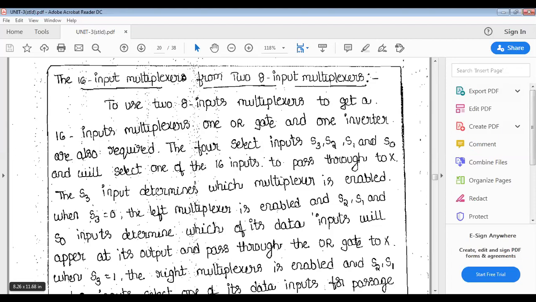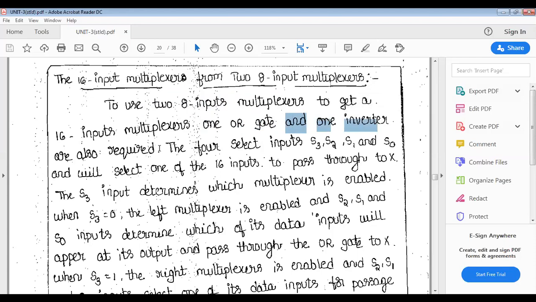All right, let us see how we can draw this one. For the 16 input multiplexer, 1 OR gate and 1 inverter are also required. Not only the two 8 input multiplexers to get a 16 input multiplexer, 1 OR gate and 1 inverter are also required.